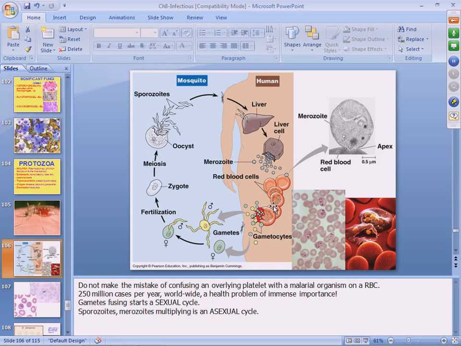On an actual smear, a regular Wright stain smear, something you'll be looking at in your own offices, they often may look like tiny little platelets overlaying the red cell, or little ring forms, or little schizonts which develop from the ring forms, which make the identification of malaria pretty easy.